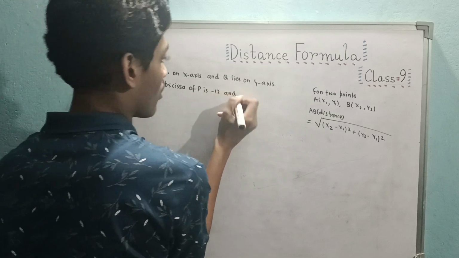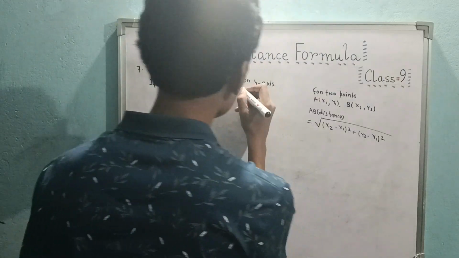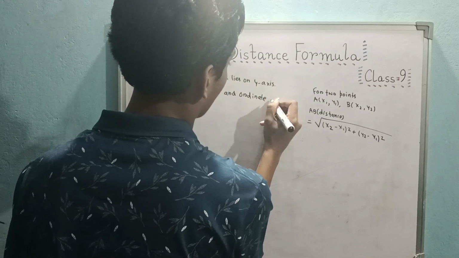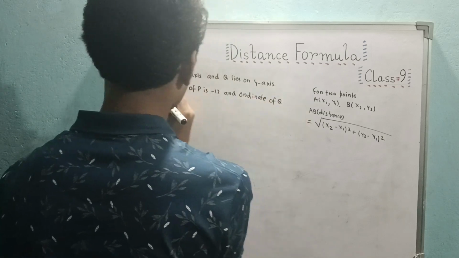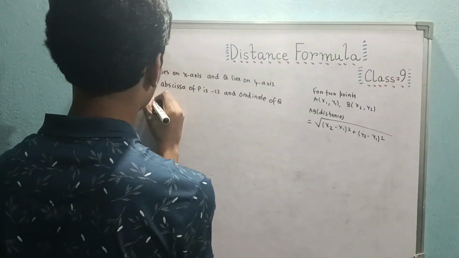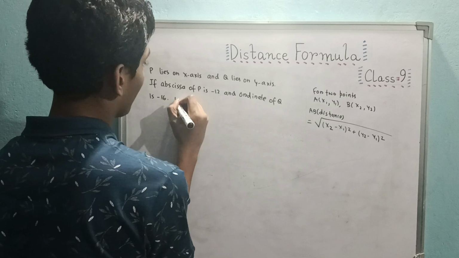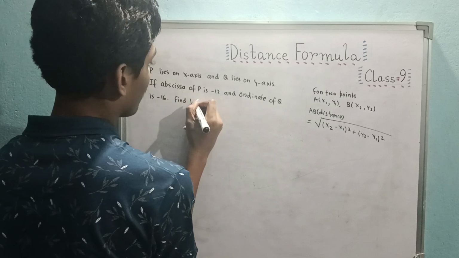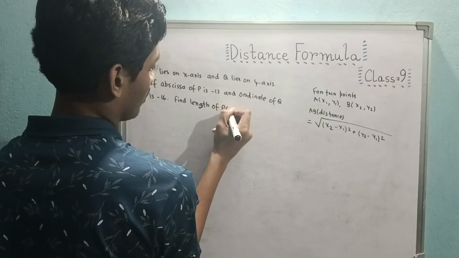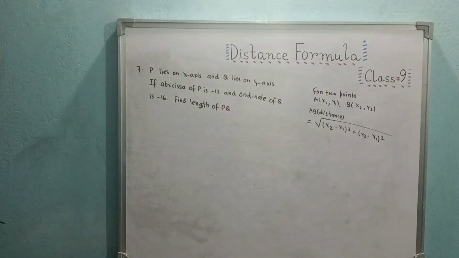And ordinate of Q equal to minus 16. Find length of PQ. It's the distance of P from Q. It's a Google type of a question.